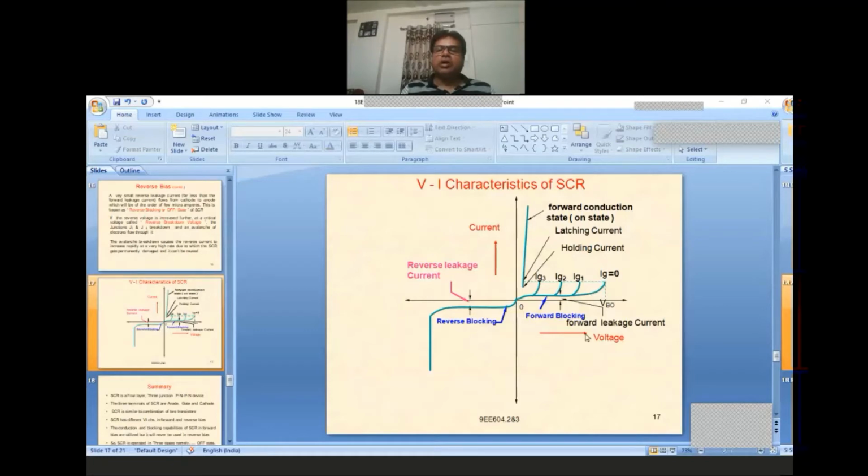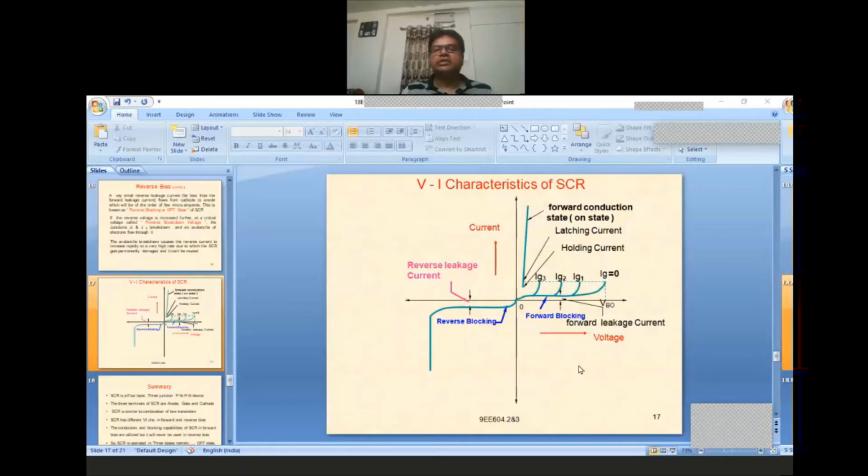We have operated the SCR as if it were only a two-terminal device instead of three-terminal. That is, though the gate terminal is there, we didn't connect the gate or give any supply to the gate, and whatever supply we have given to the SCR is only between anode and cathode, and the current is flowing from only anode to cathode.